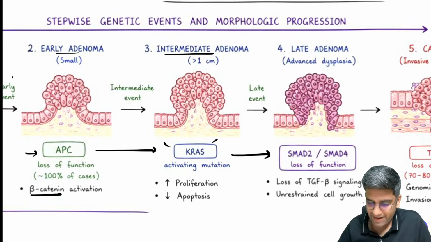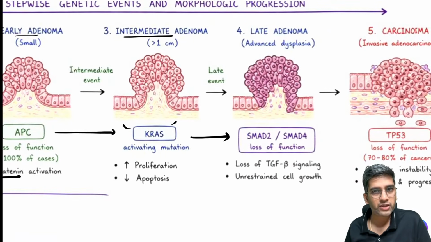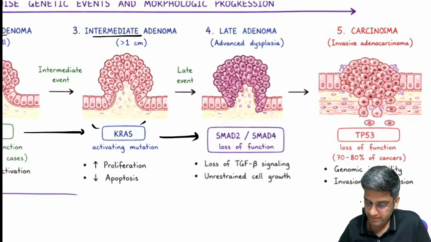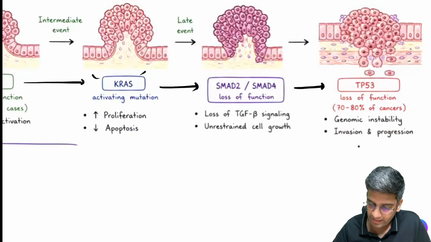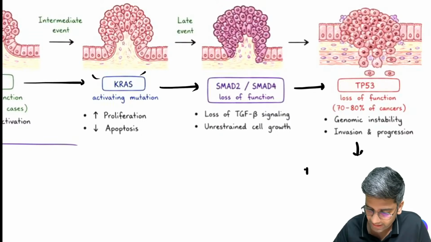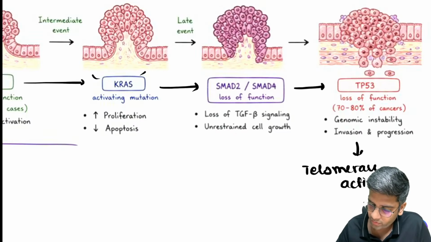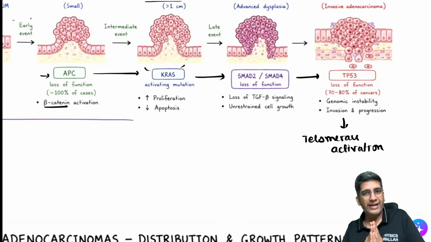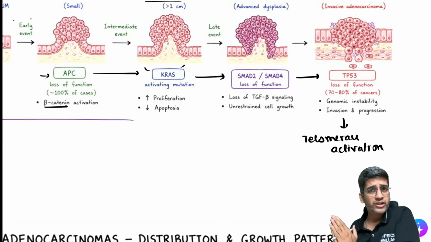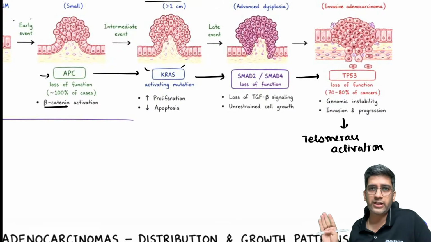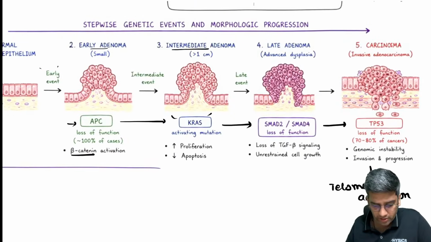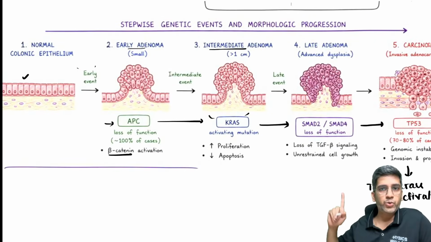Then SMAD2, SMAD4 loss of function, which is where the TGF-beta pathway comes in. Then TP53. Last but not least, always end with telomerase activation. Telomerase activation is the one which pushes them into a cancer, right? So we have APC, beta-catenin, KRAS, SMAD or TGF-beta, then P53 and telomerase. This is the sequence which converts a normal epithelium into a cancer.